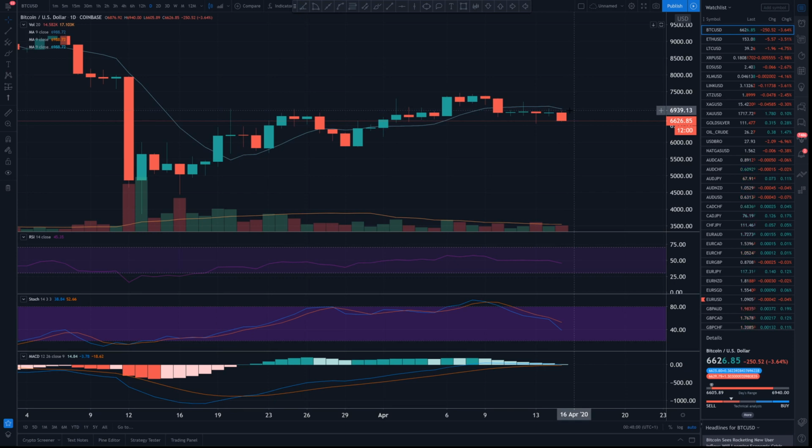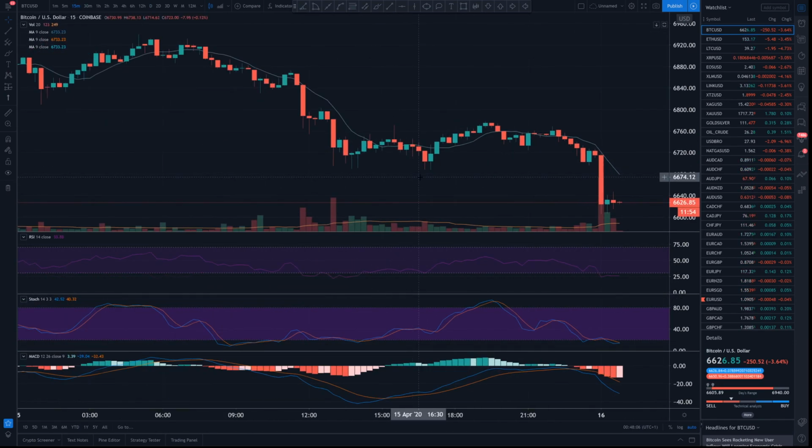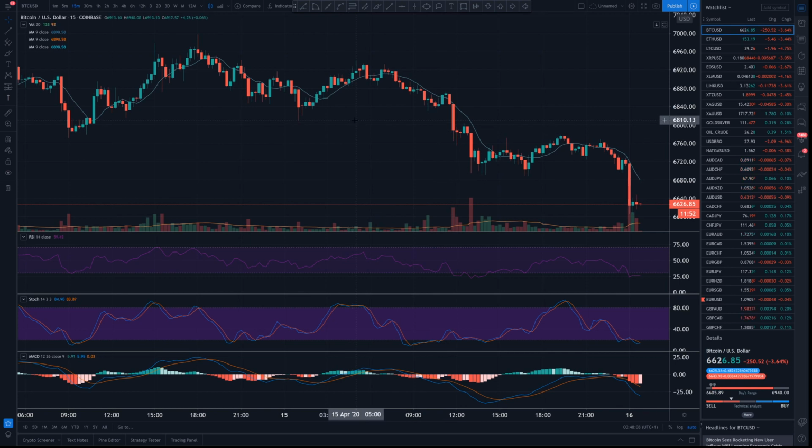The top of this wick on the daily will be the highest wick and candle inside of this daily period. So if the day started right here, this is our highest point, it matched on the daily wick, and this is our lowest point.